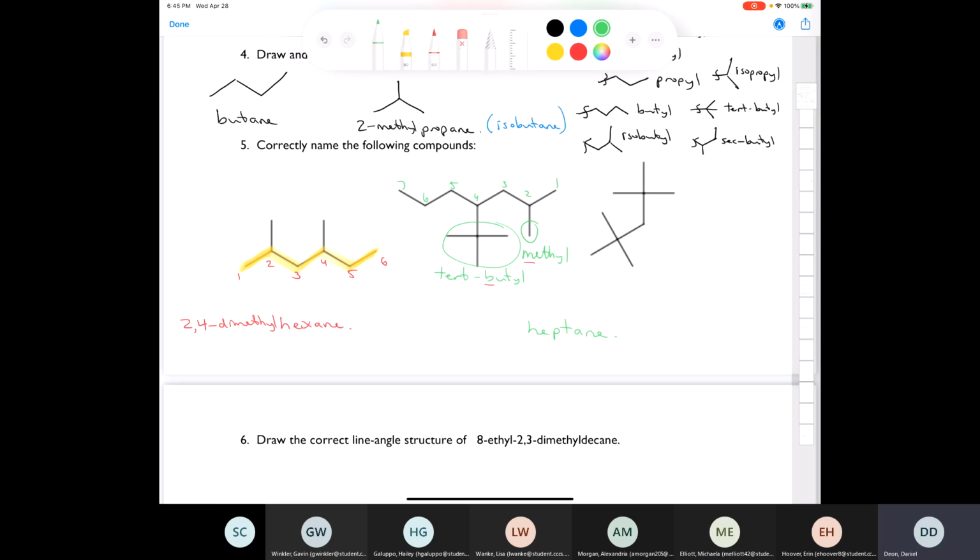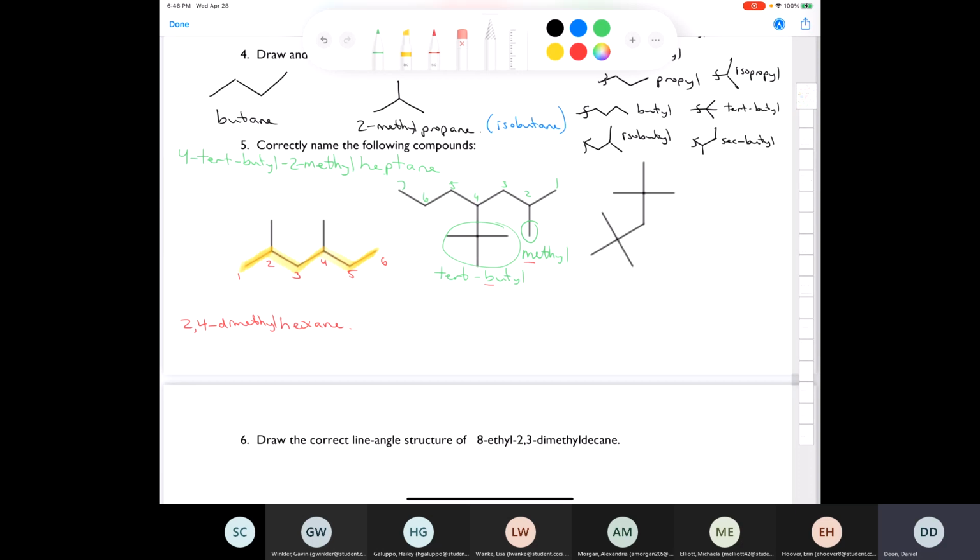So that I have 4-tert-butyl, 2-methyl, oh, I'm going to run out of space here, aren't I? 2-methylheptane. There you go, just like that. 4-tert-butyl-2-methylheptane. I'm going to move this one up here just to get it out of the way. And let's take a look at this next one here.